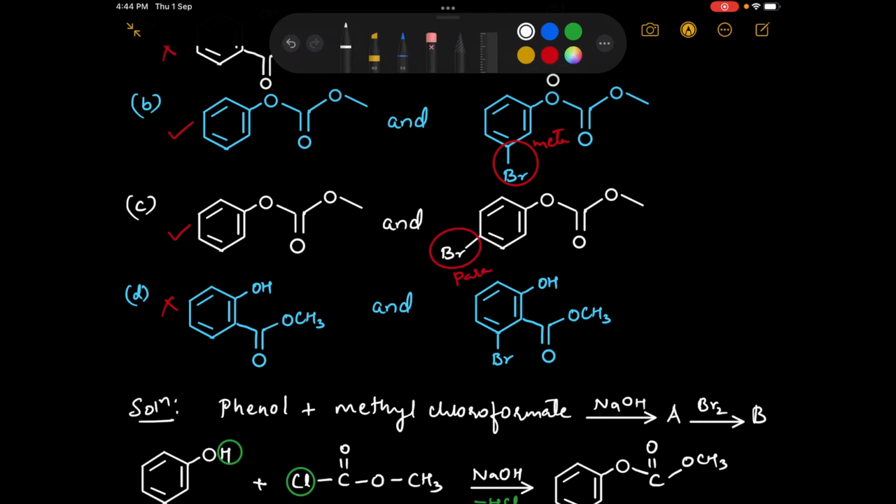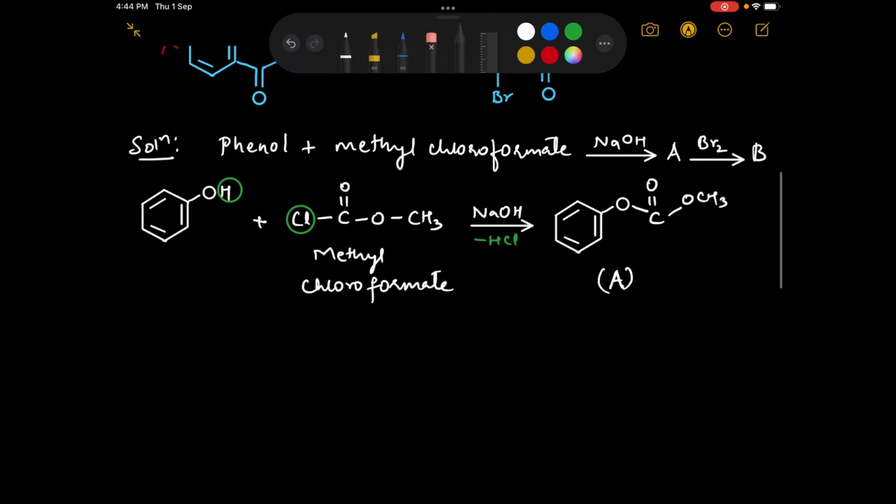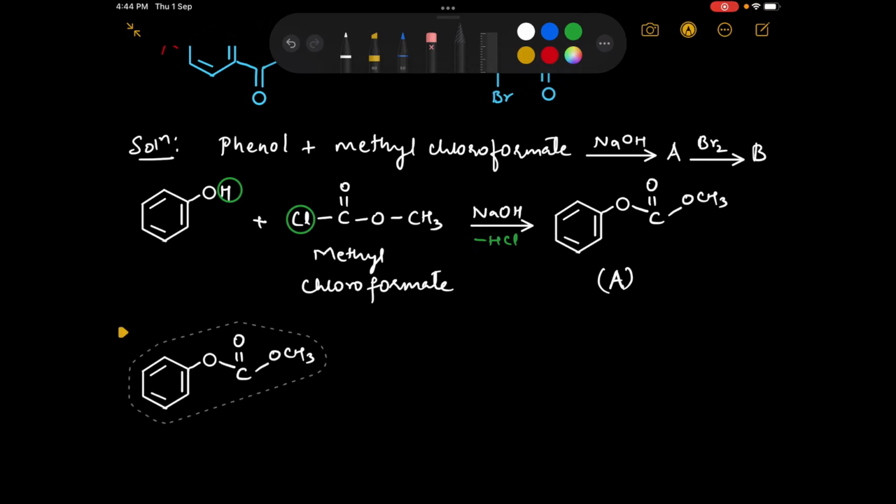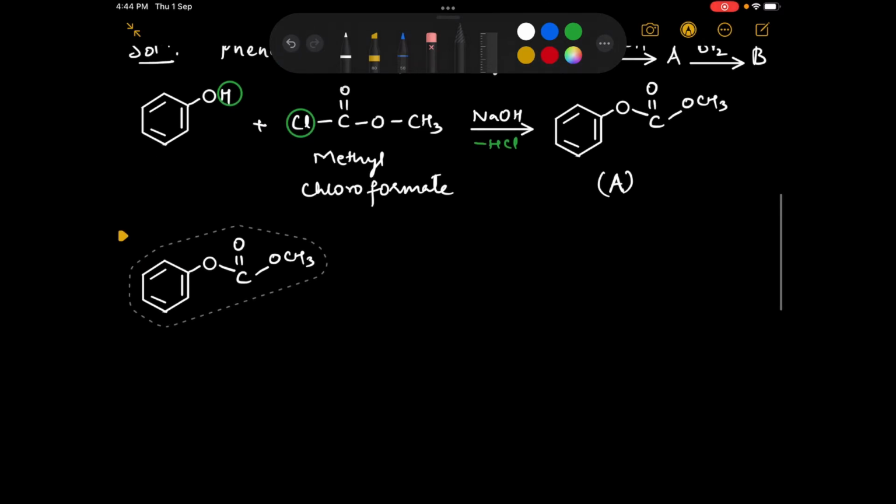Now normally the attack takes place at the positions where we are having high electron density. So let's find out where we can be having high electron density. Let's take this compound here. Now when we are taking this compound, observe, we can be having cross conjugation.